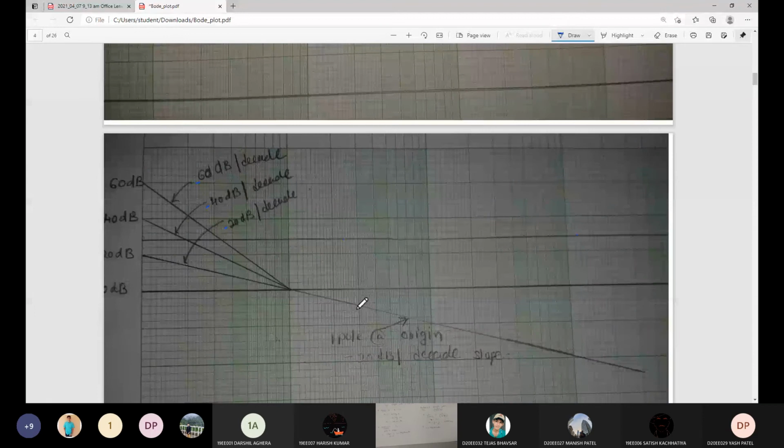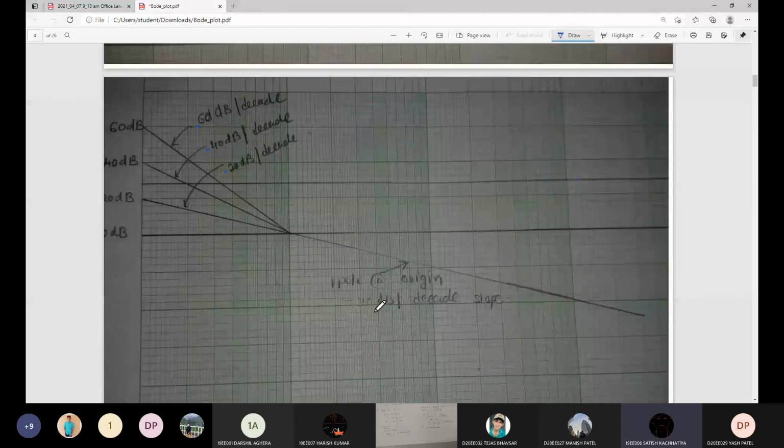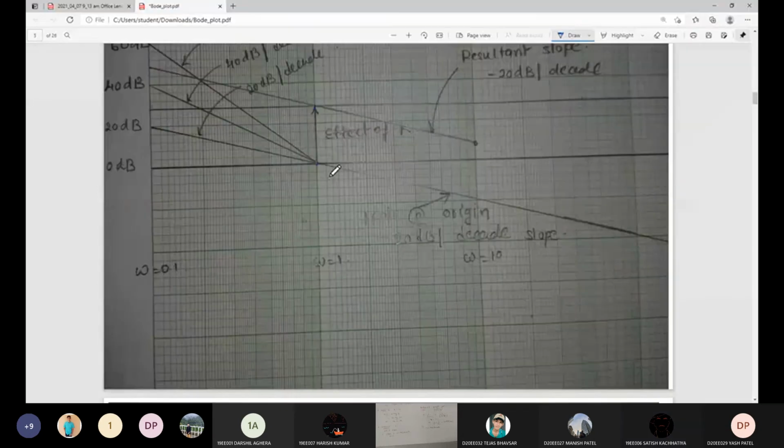Okay, what is the slope of this pole at origin line? How much is it? Minus 20 dB. Okay, so if I am adding 0 and minus 20, what will the resultant slope be? If we add minus 20 to zero, what is the answer? Minus 20 dB.